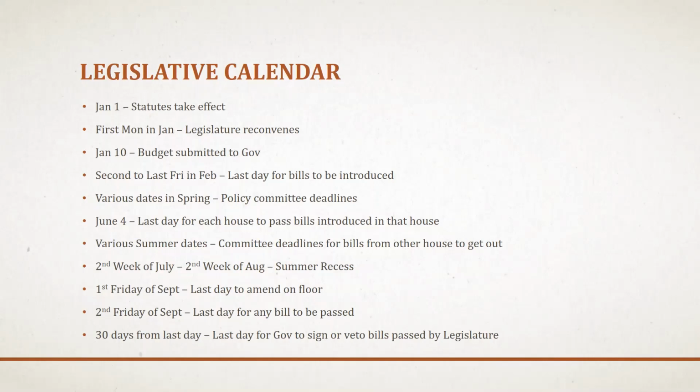So bills can be introduced later on. Policy committee deadlines, we're in committee right now, so we passed that February date for the bills to be introduced. I mentioned each person gets 40 bills. What also happens is you have what are called placeholder bills that somebody just puts in there.